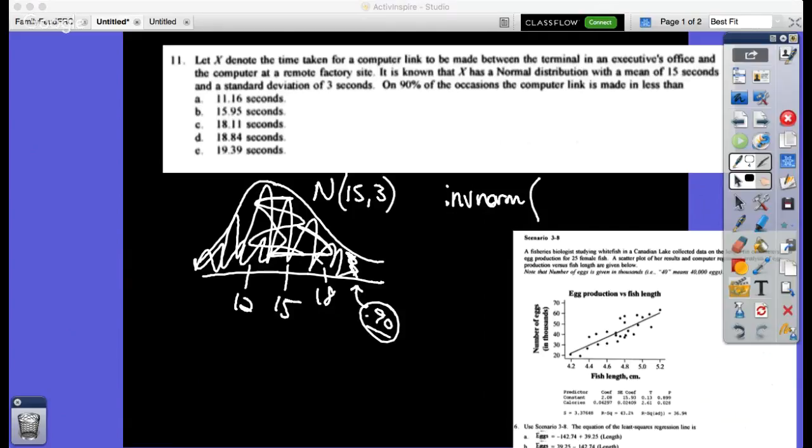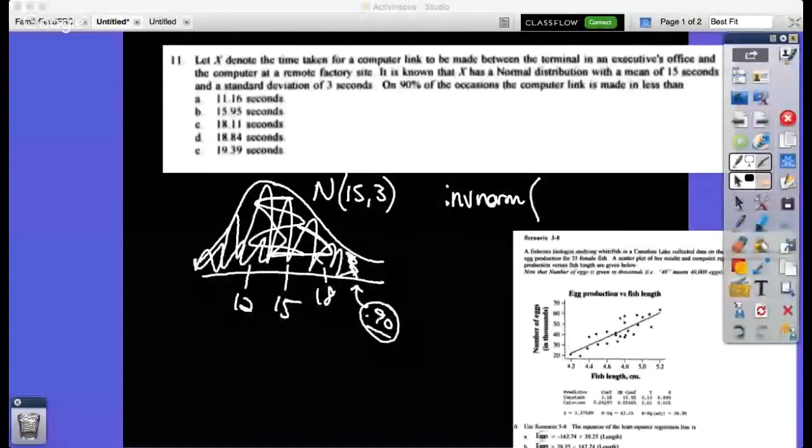Inverse norm's right below here. So the area goes first. That's right. So area, comma, mean, comma, standard deviation, right? So we put 0.9 in for area. Mean is 15. Was it 15? Is that right? And then the standard deviation was 3. Okay. And we go to the left, right? That's pretty traditional there. And we'd put 18.84, okay? So 18.84 is kind of what we're looking at there.